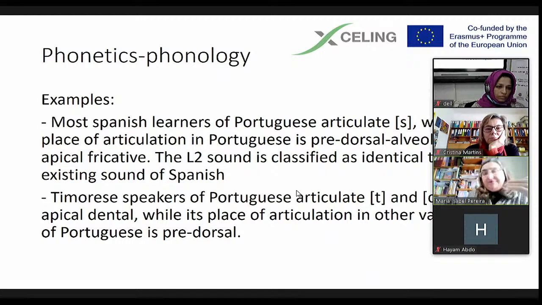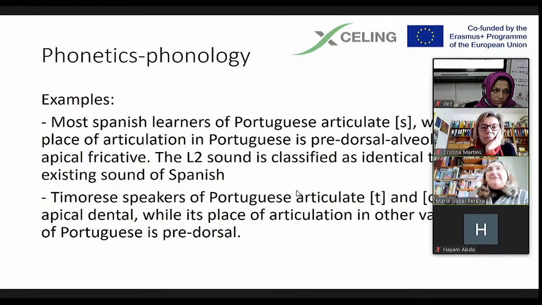So you can easily identify a Spanish speaker speaking Portuguese. This is not the only case. There are other sounds that Spanish people classify as equivalent and then produce as in Spanish.